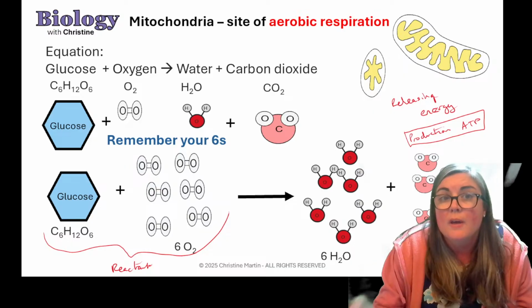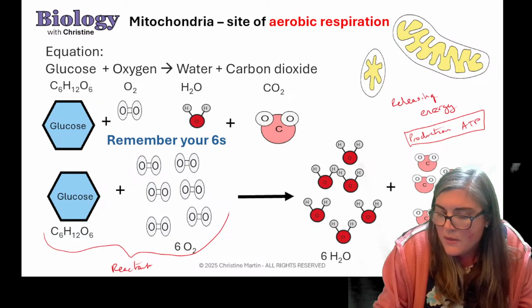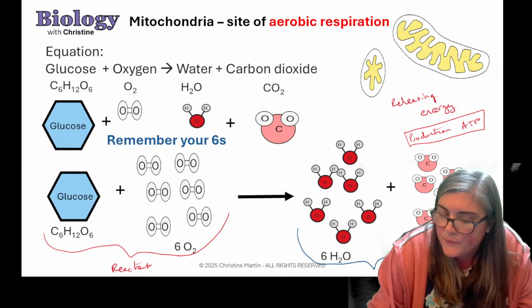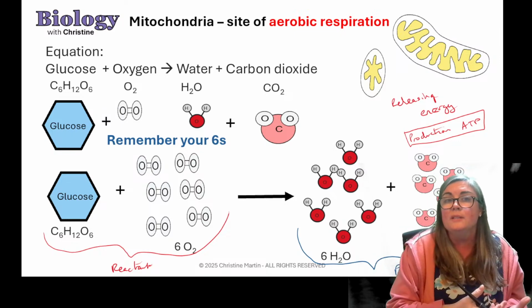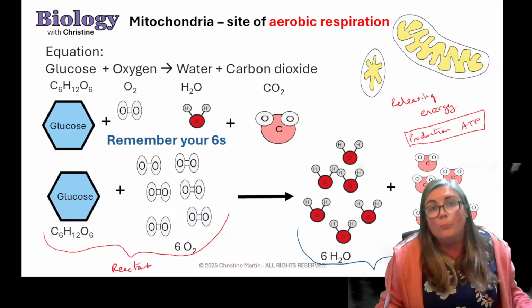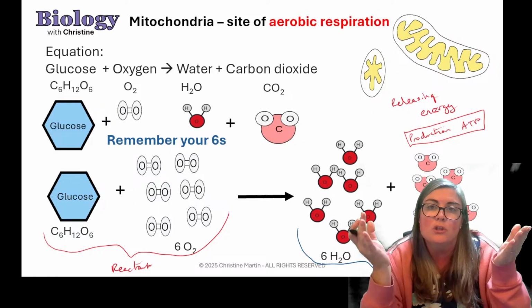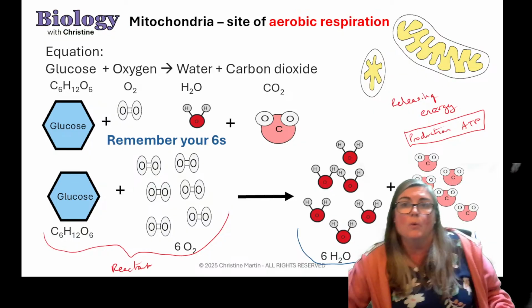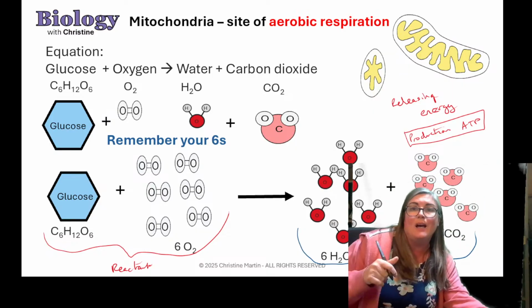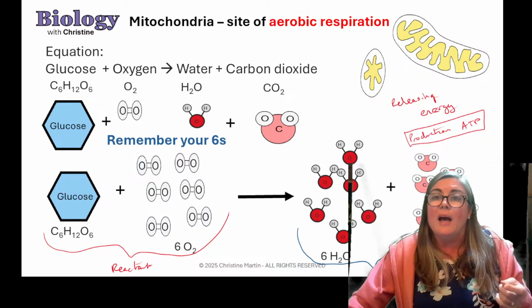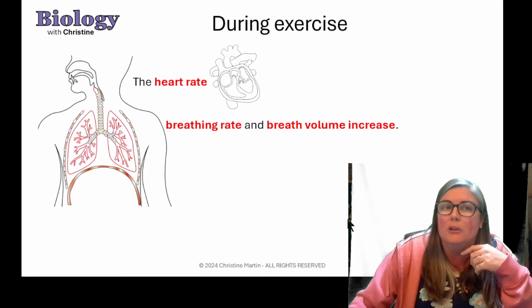On the other side, after the arrow, these are our products. So when you do your chemistry, your reactants on one side should equal your products on the other side. So if I've got 6 carbon on one side, I need to ensure that I've got 6 carbon on the other side. So if I move myself over here, hold on, let me just move out of the way. You can see I've got 6 carbon dioxide at the product side because I started with a glucose molecule which had 6.